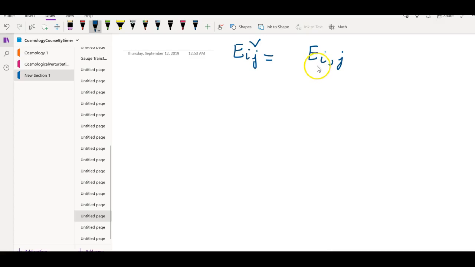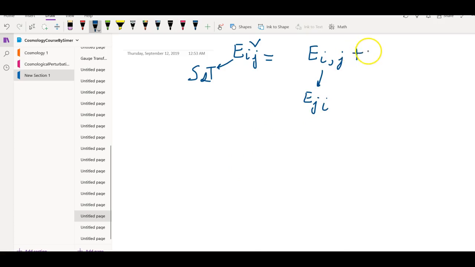Then I am extracting a vector EI. But now I want to retain the properties of EIJV, that this is symmetric and traceless. So I want to make it symmetric, which means under the interchange of I and J, the tensor should not change. But right now in this state, if I flip IJ, it will change.